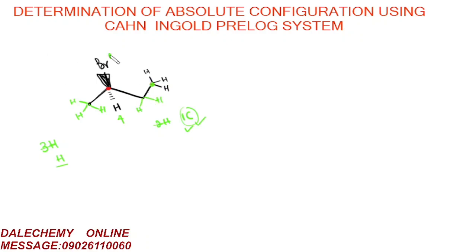So if this is 1, this will be 2, this carbon will be 3, and this will be 4. So when you now find your configuration, that will be from 1 to 2 to 3. So this is clockwise, right? It's a clockwise configuration, and that's going to be R. So this is going to be R in brackets.